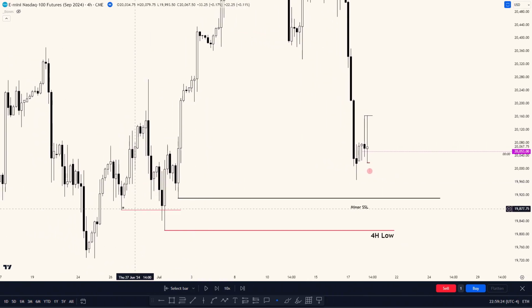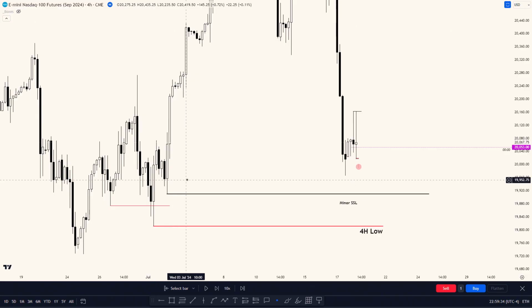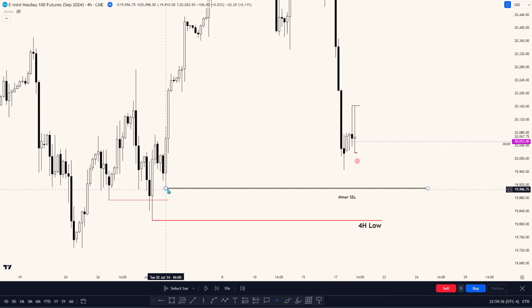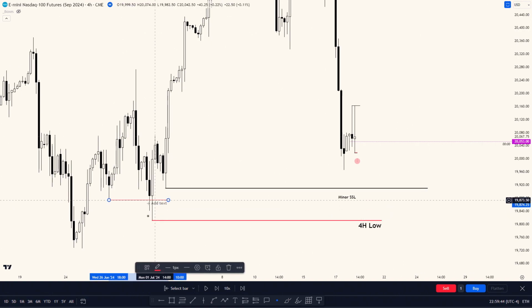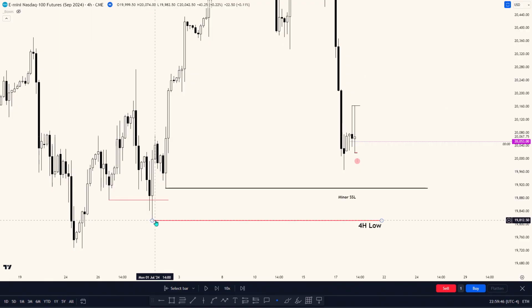So when you have a failure swing before the low that got turtle souped, this is your ultimate draw on liquidity, but this is also a very high probability target of getting tagged, right? This is your utmost objective. This is what you should really be holding for. This is where the market is actually seeking.